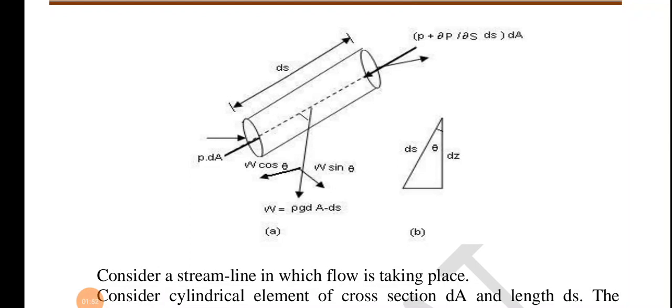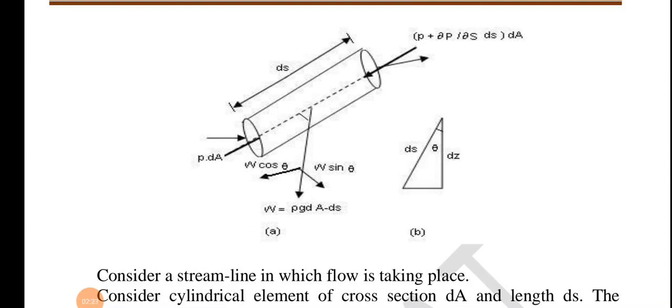Now the force is acting at the inlet point. Some amount of reaction force will also be generated at the outlet, that is some amount more than at the inlet. So the resisting force will be in the opposite direction, that is P plus del P by del S into ds into dA. Okay, that is about pressure force.